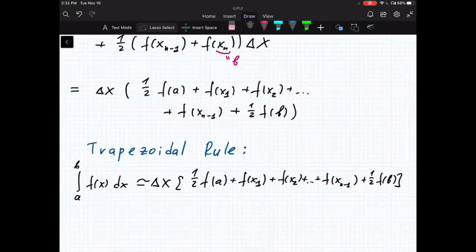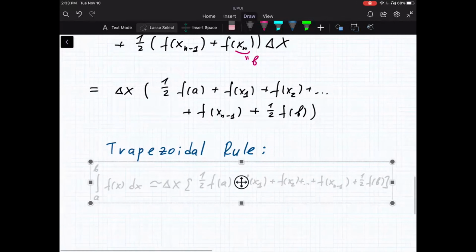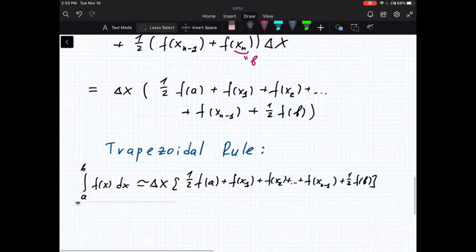So this is the trapezoidal rule, which is just an approximation of the initial integral using not rectangles but trapezoids.